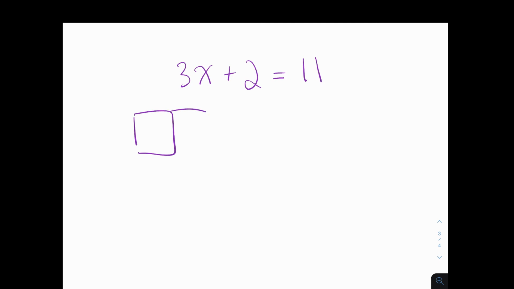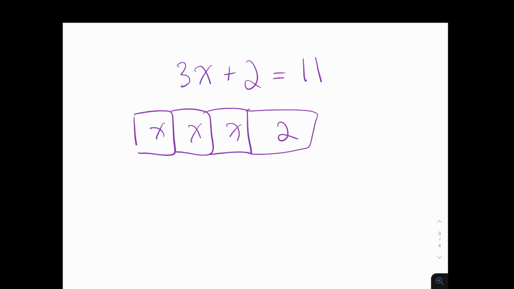All right. Let's draw our 3 x's. Let's write in our x's and our 2. And remember, all of this is equal to 11. So we have to find out what numbers add up together with 2 that equals 11. And you might be able to solve it with mental math already.